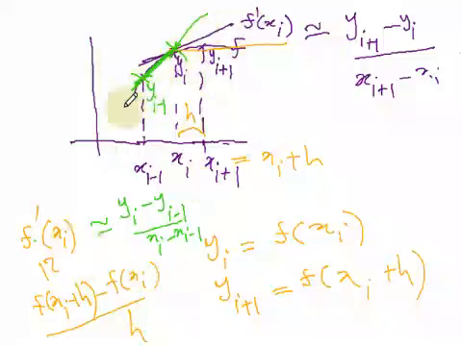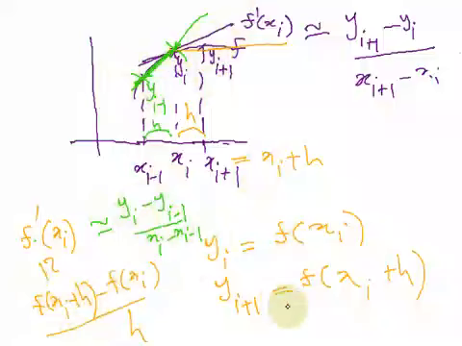Or you can use these two, this backward point and the forward point, to give an approximation to this line. This is called the backward approximation.